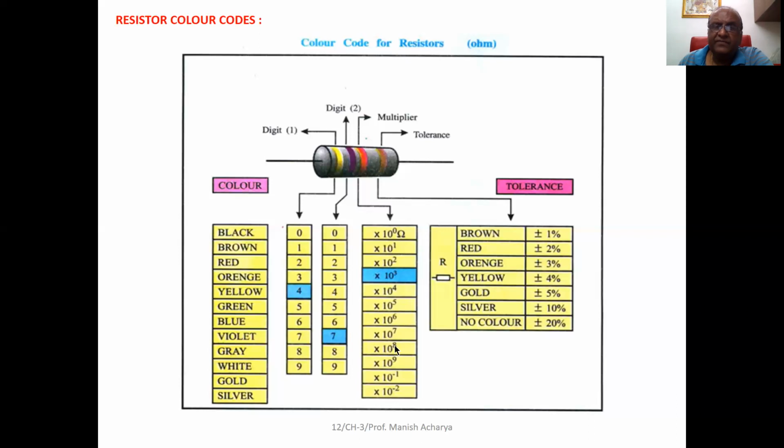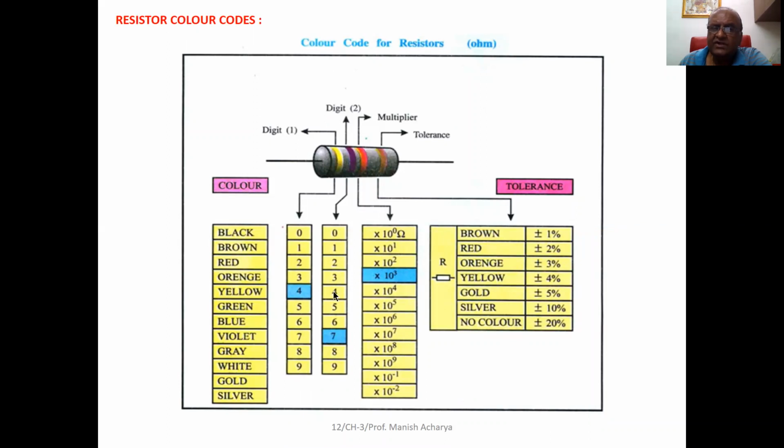If you remember this color code, then the values associated with it are very simple. Black, brown, red, orange, yellow, green, blue, violet, gray, white: allot the values from 0 to 9, 0, 1, 2, 3, 4, 5, 6, 7, 8, 9.